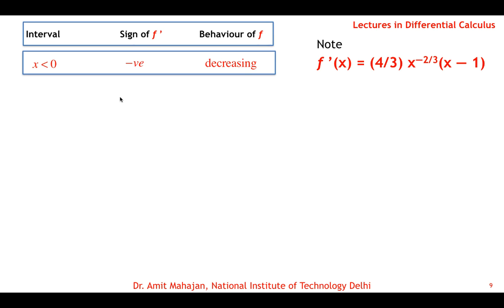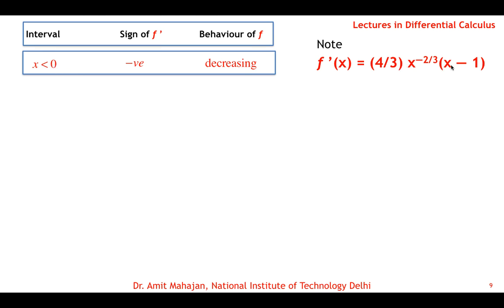So let us check where the function is increasing or decreasing first. For minus infinity to 0, that means for all x less than 0, we have to check the sign of the derivative. So take any point less than 0, put that x value here and see the sign of the derivative. Say if you choose -1 or -2 or -3, any value of x.